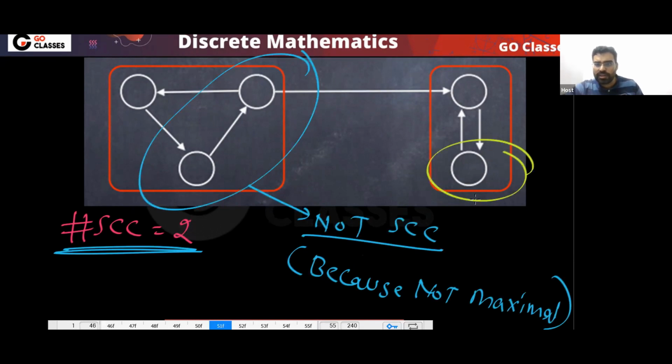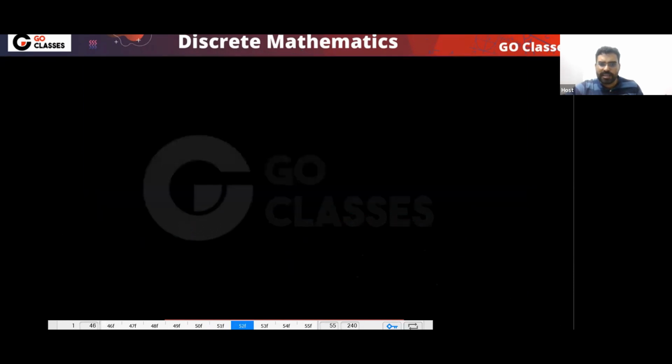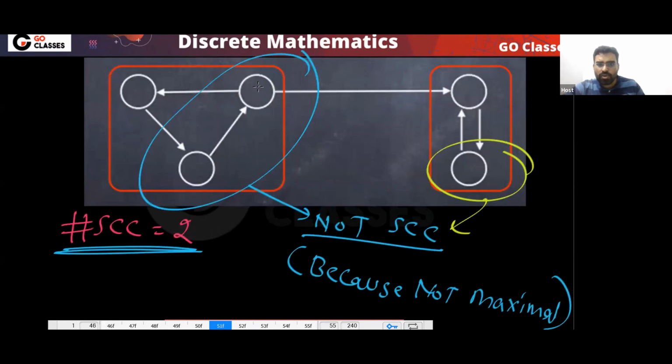Similarly, this is not a strongly connected component because this is not maximal. You must take maximal. Always take maximal. A, B are strongly connected vertices, but this is not a strongly connected component.